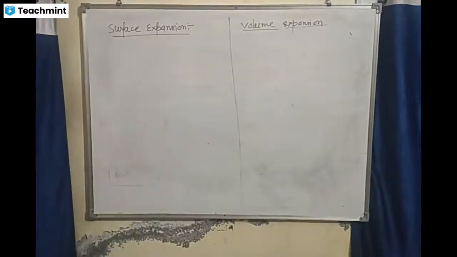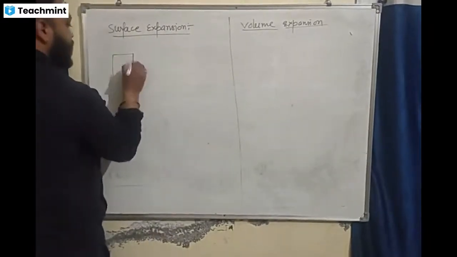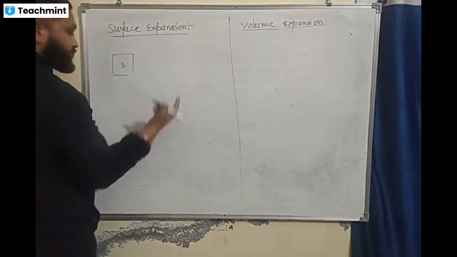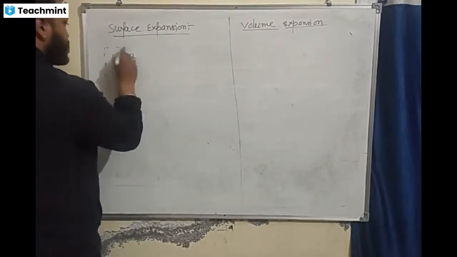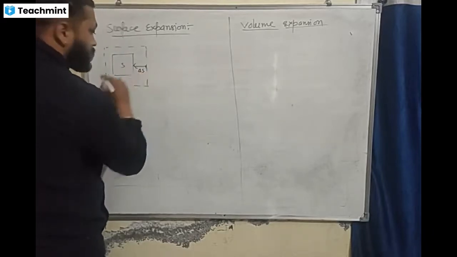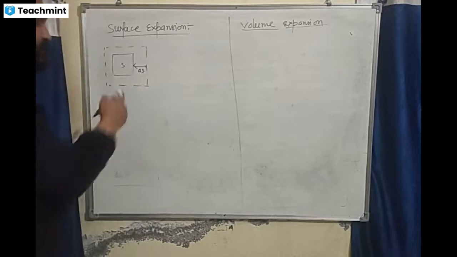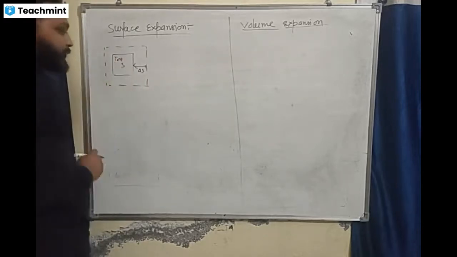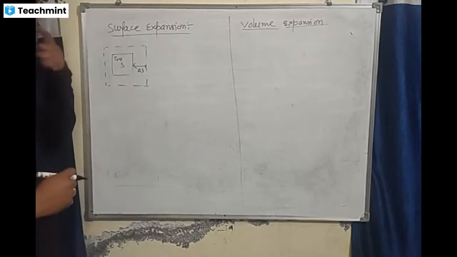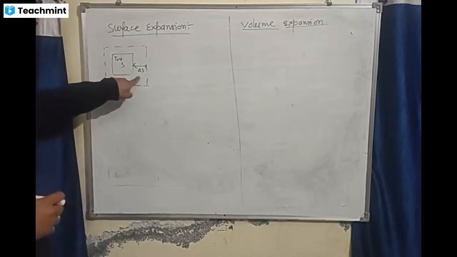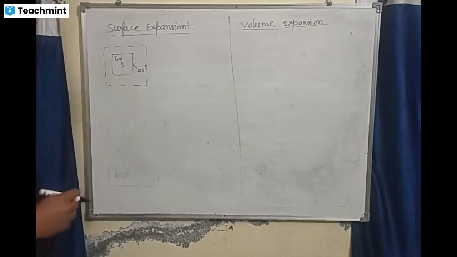Initially this is the original surface area S. After increasing the temperature from T0 to T, there is a change in surface area, that is delta S.